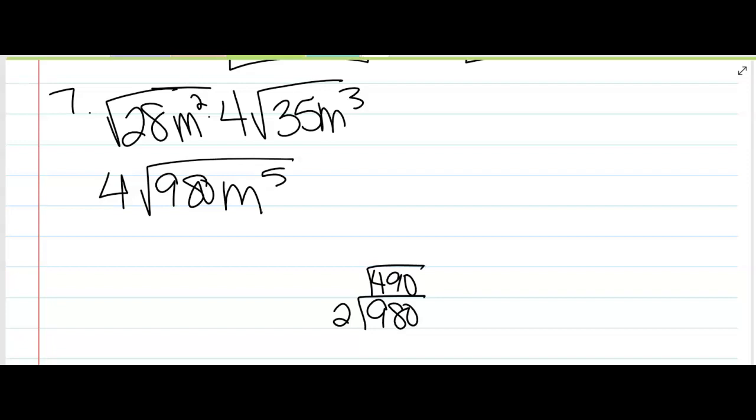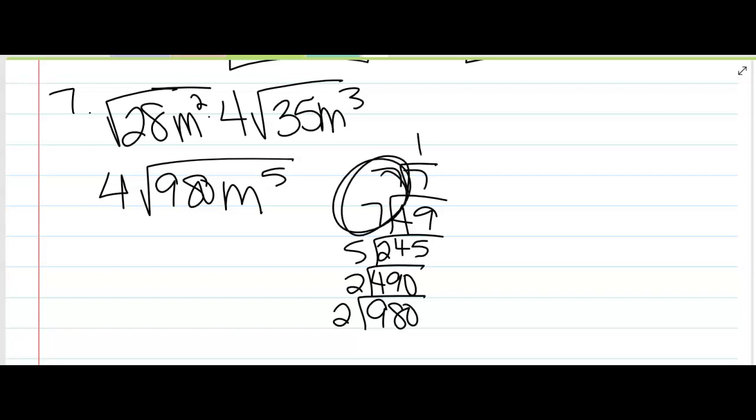I could divide out a 2 again, and we would get 245. I notice that it ends in a 5, so I am going to go ahead and divide out a 5, and we would get 49. And then we can divide out a 7 and one more 7 to finish that one off. So we end up with a pair of 7s and a pair of 2s.